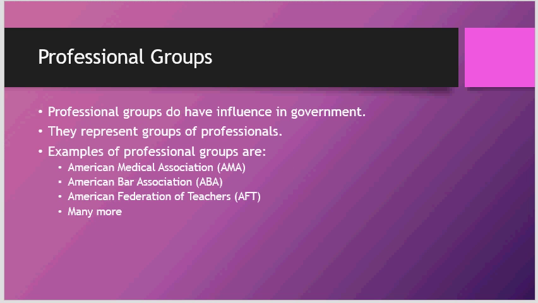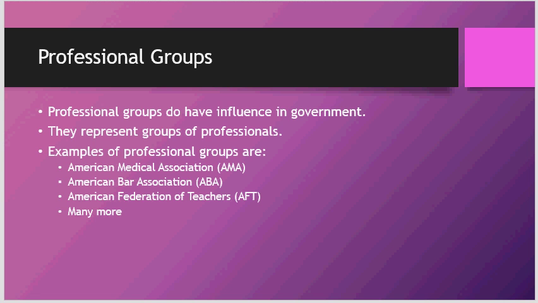Professional groups are a different kind of group that help influence policy and government, and they do have influence in government. These people are often brought in to talk about certain things in Congress, asked questions to help lawmakers better understand things, and they also have their own lobbies to help make things that they need take effect.